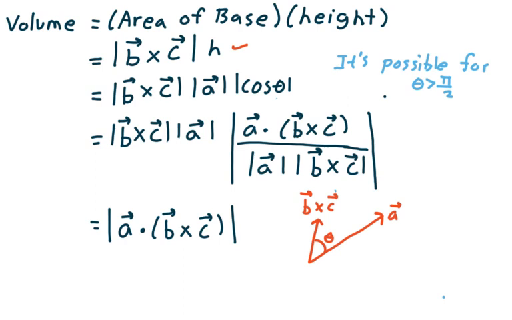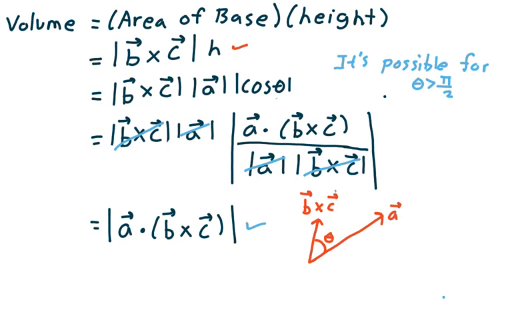And then I'm just going to put absolute value bars around that quantity. Now, if you notice, the magnitude of a is going to cancel. The magnitude of b cross c is going to cancel. And what we have left is the absolute value of a dotted with b cross c. And that's how you get the volume of a parallelepiped.